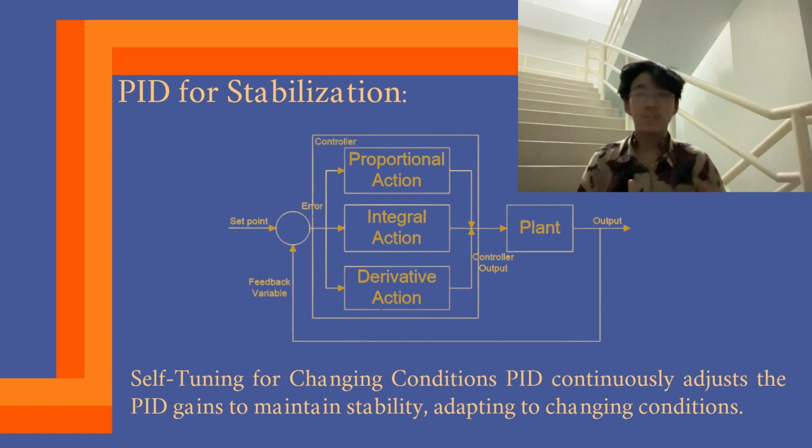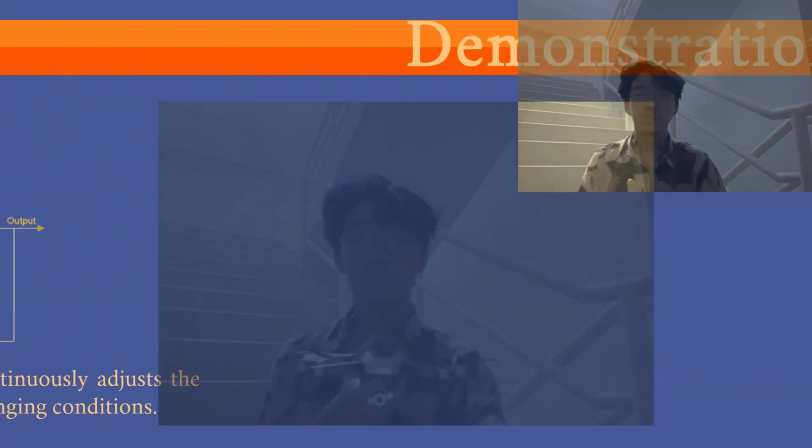And these 3 terms are then combined to create what we call a control signal, which is then sent to the quadcopter's rotors, and this creates stability and response to external influences.